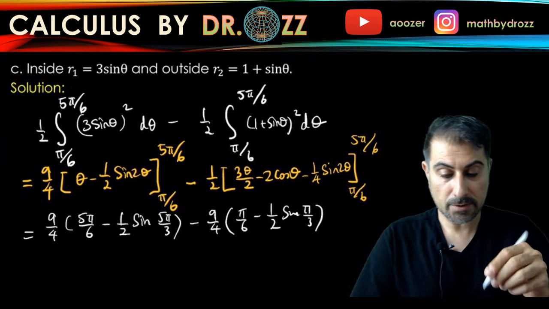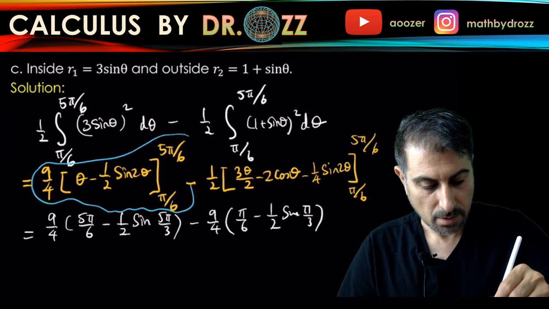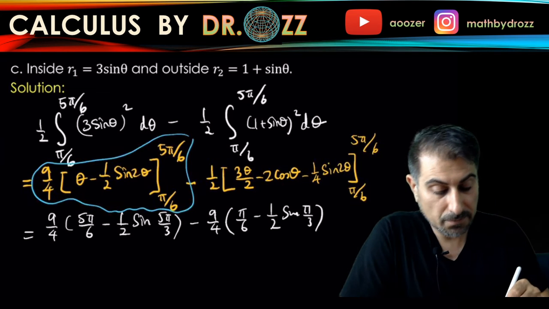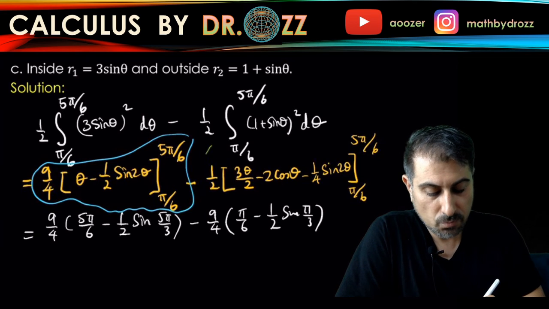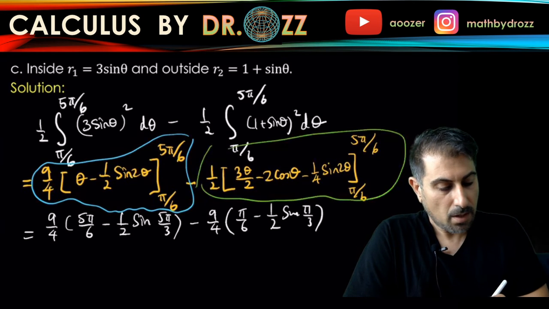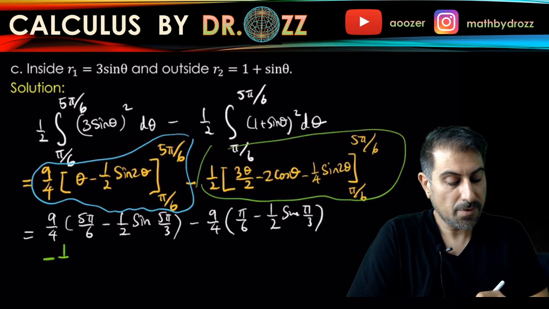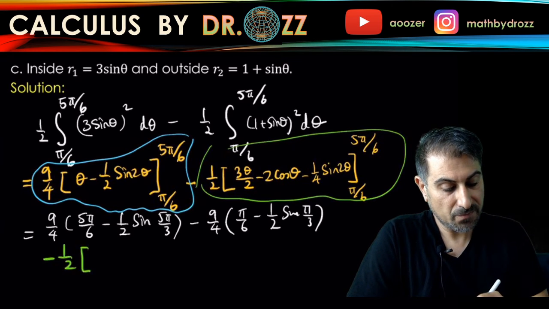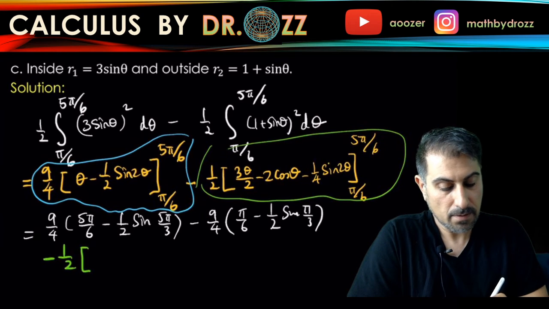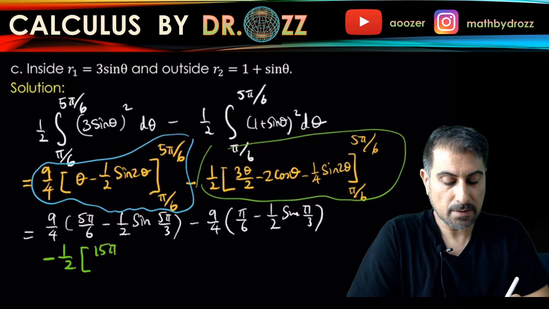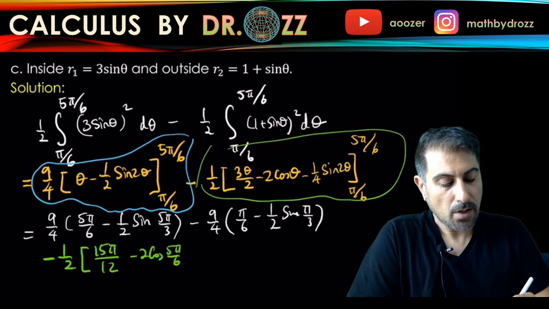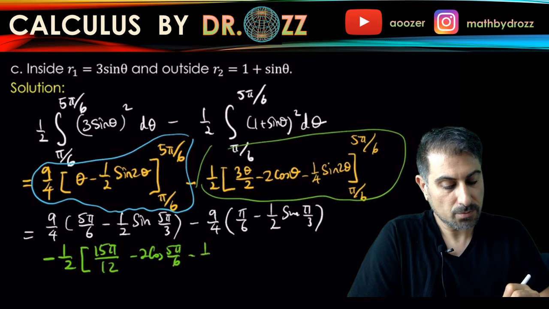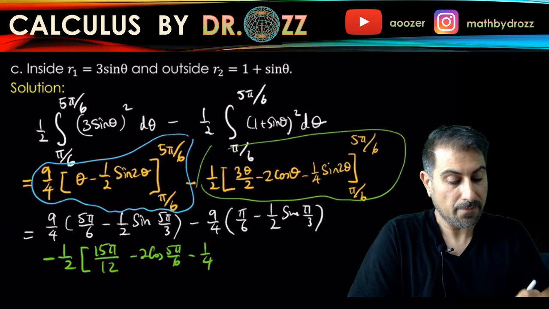So far, and then let's do the second one. I'm going to use a different color so you can see the difference. I'm going to put the second one right next. Minus 1/2, 3 over 2 theta, 15 pi over 12 minus 2 cosine 5 pi over 6 and minus 1/4 sine 5 pi over 3.